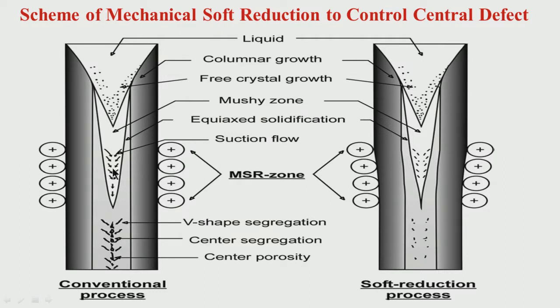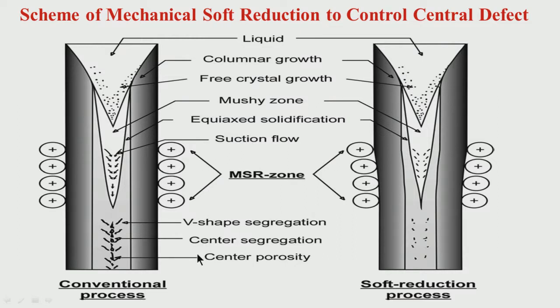Now under the normal conventional process, during the last stage of solidification you will have some V-shaped segregation, you have central segregation and you have central porosity. Porosity is because of the shrinkage at the last stage of solidification. Segregation is because the extent of segregation is relatively more at the final stage.